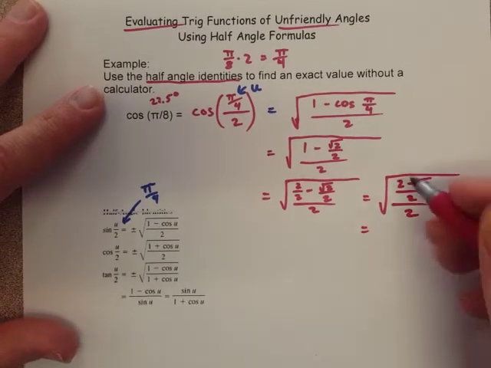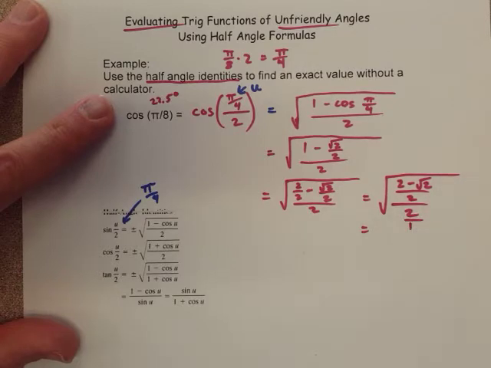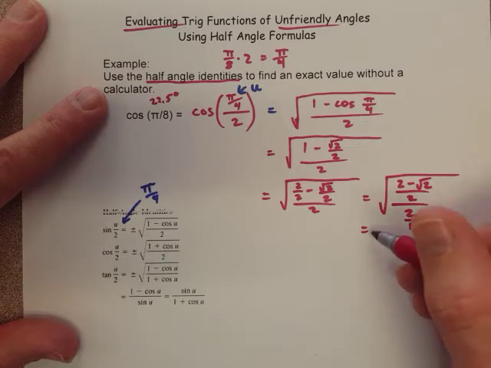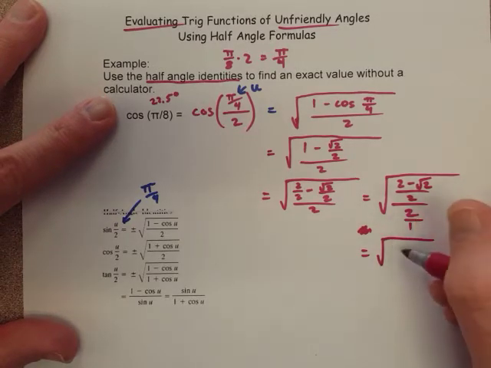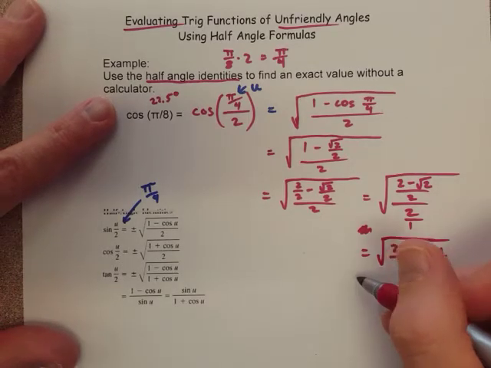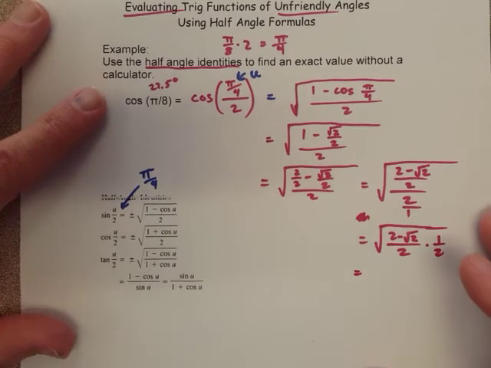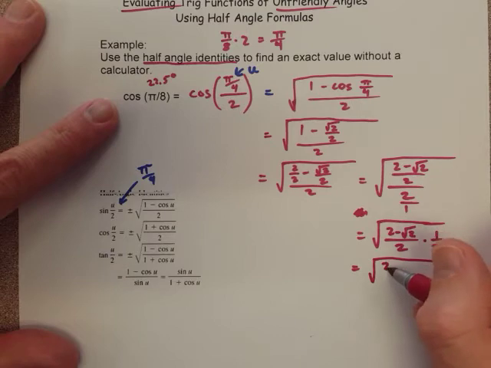And then we can go even further with that. If you divide by 2, which is the same thing as 2 over 1, it's like multiplying by the reciprocal. So then we have 2 minus square root of 2 over 2 times 1/2 is really what's happening here. I know there's a lot of steps, but when you do that, you get 2 minus square root of 2 over 4.